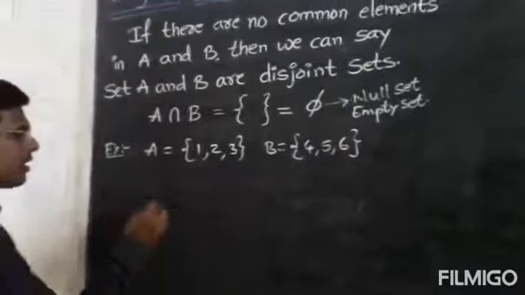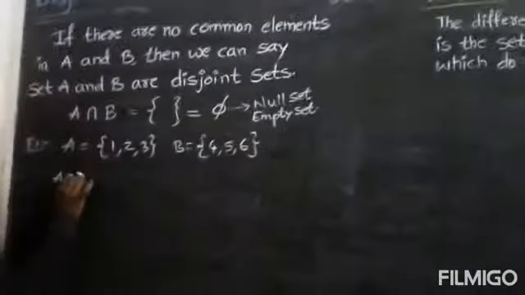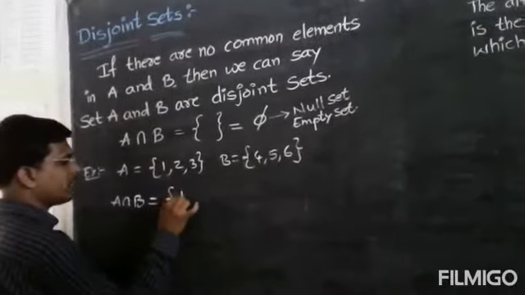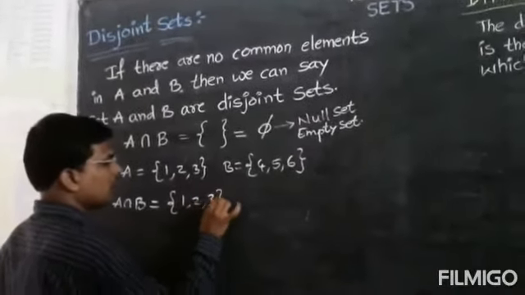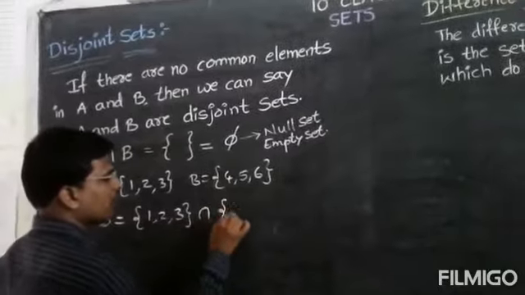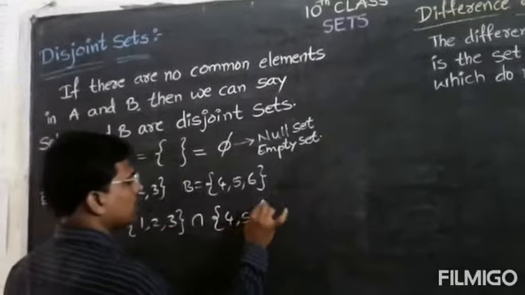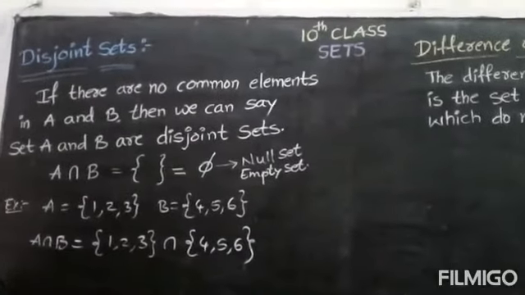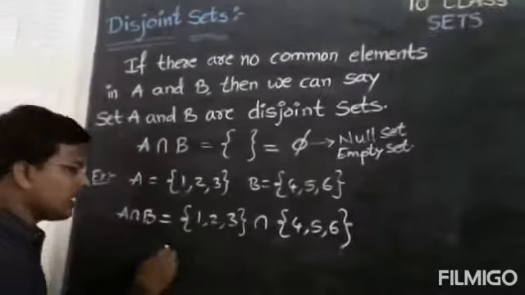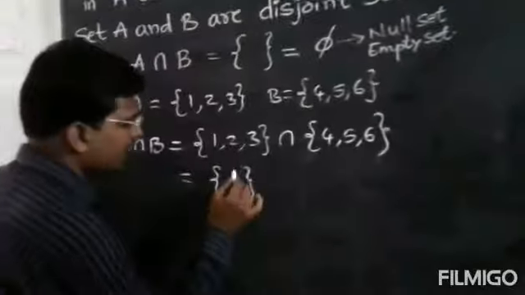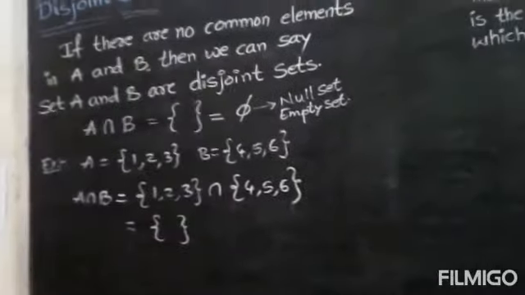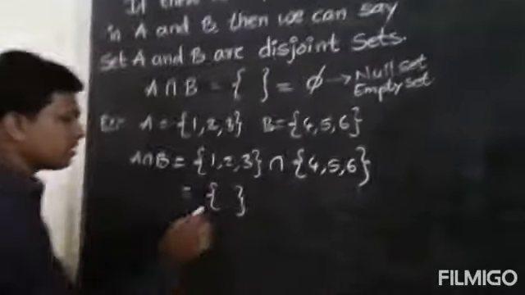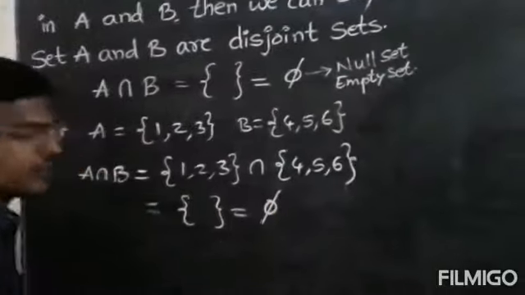First write A intersection B, which is 1, 2, 3 intersection 4, 5, 6. If you observe, is there any common element in both sets A and B? No. So here you can write the empty set, nothing but phi.